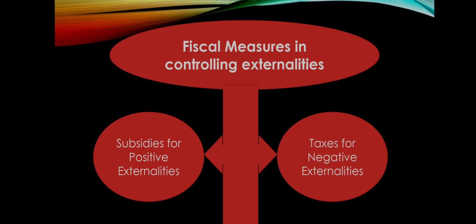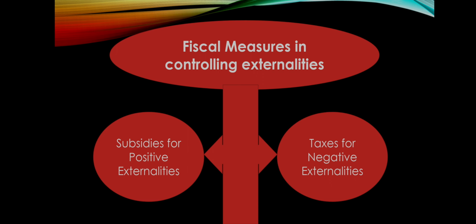So this is an example for supporting positive externalities. The government can encourage positive externalities by giving subsidies to the people. The people will consume more and produce more activities which will provide positive externalities.